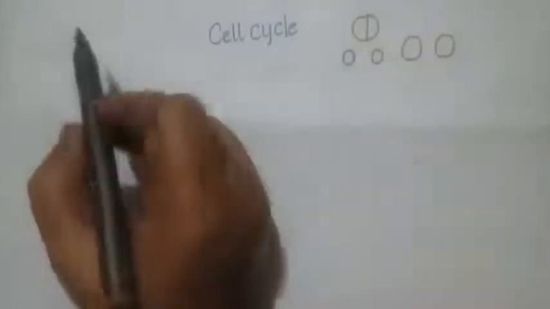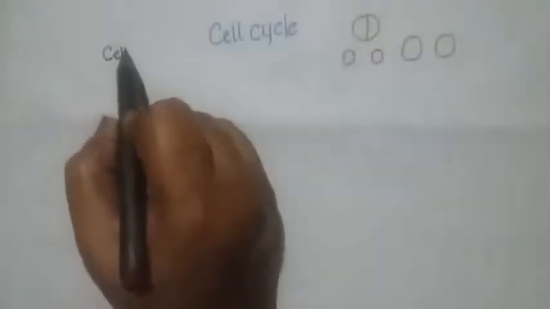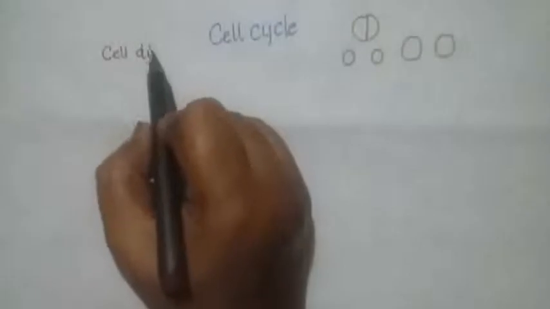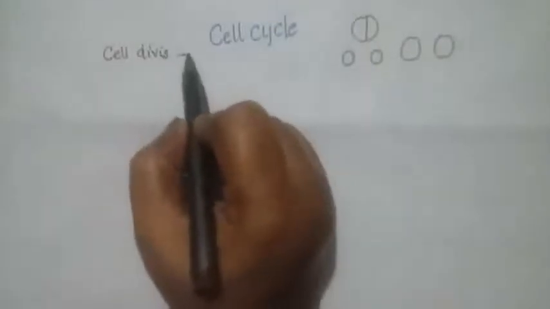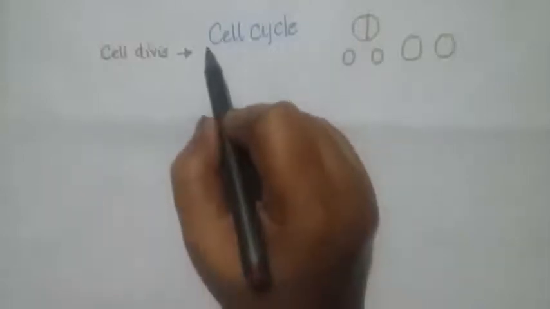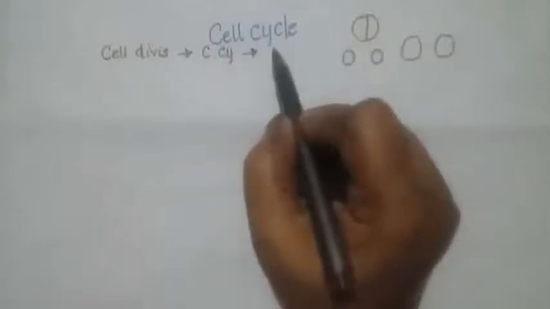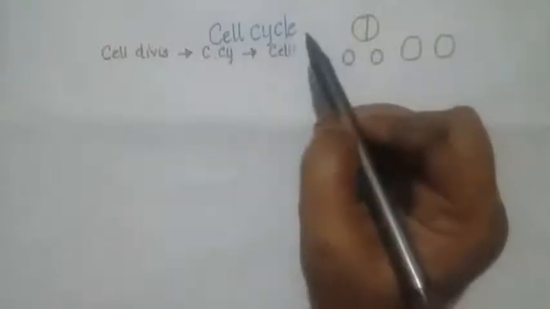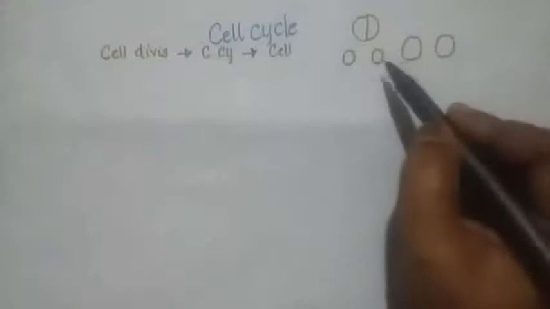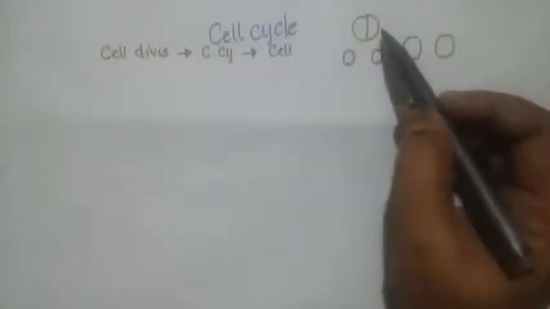So first you have the cell division, then the cell enters the cell cycle, right? Then again it undergoes a cell division, so that the size of the cell is attained to the size of the parent cell.